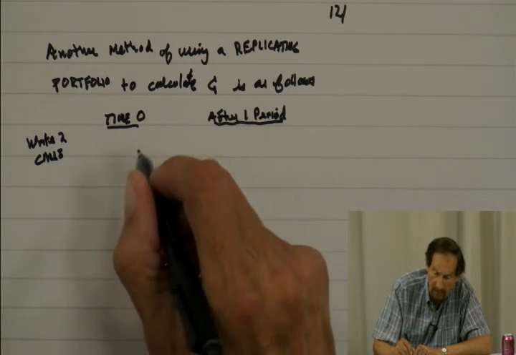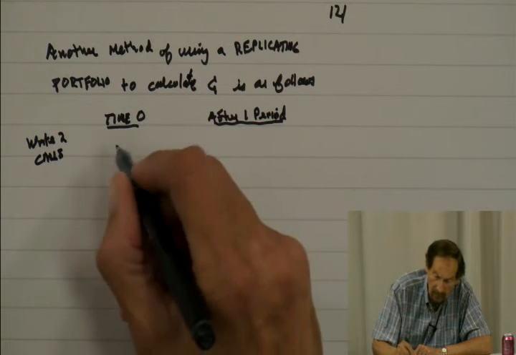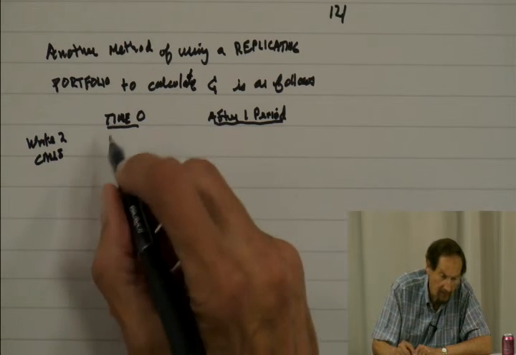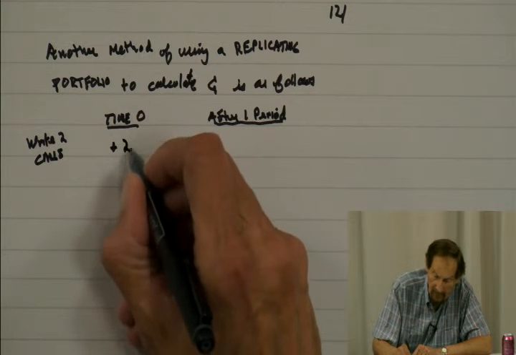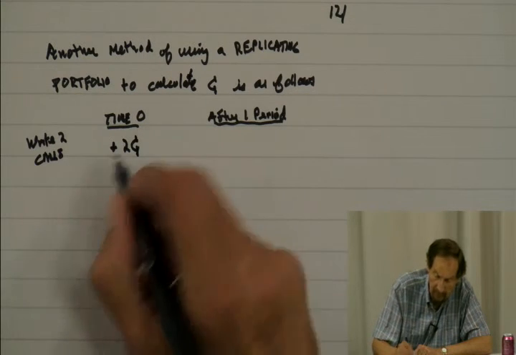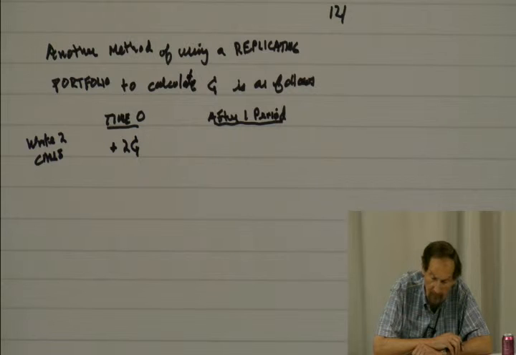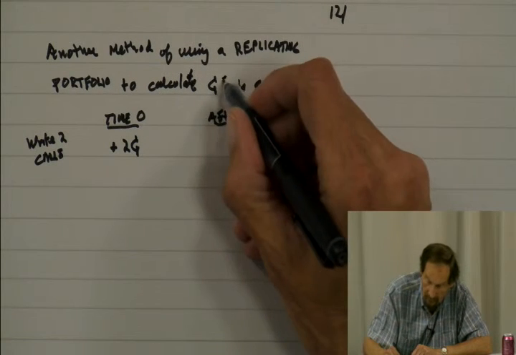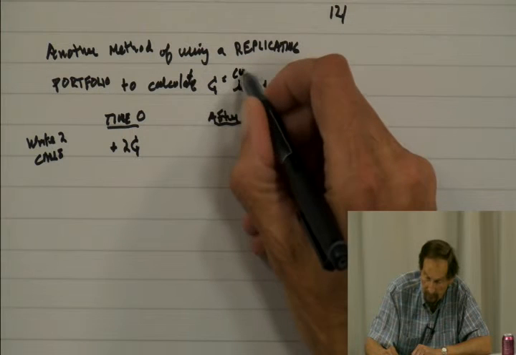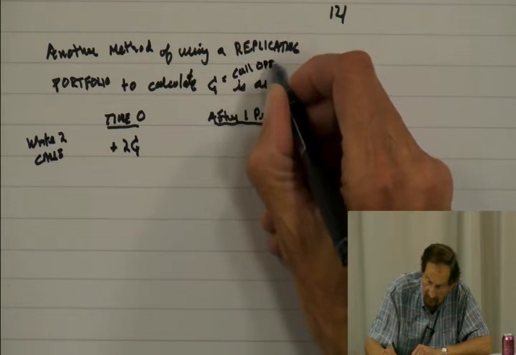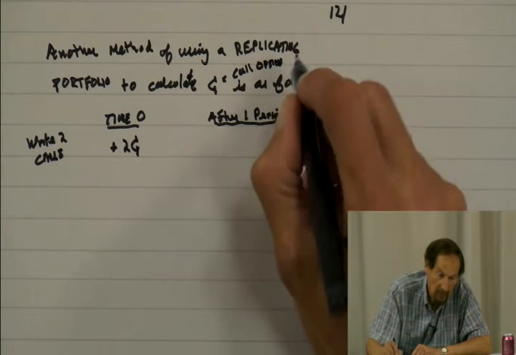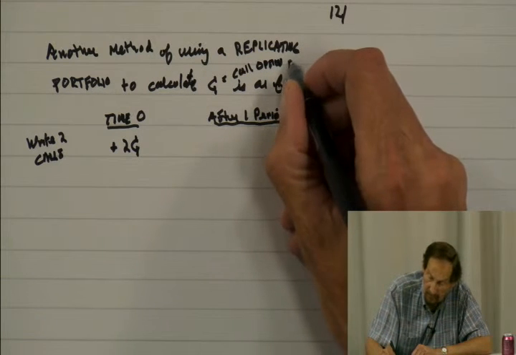So to do that, the price of that we get 2C, right? Because we get that premium. That value is really the call option price or premium.